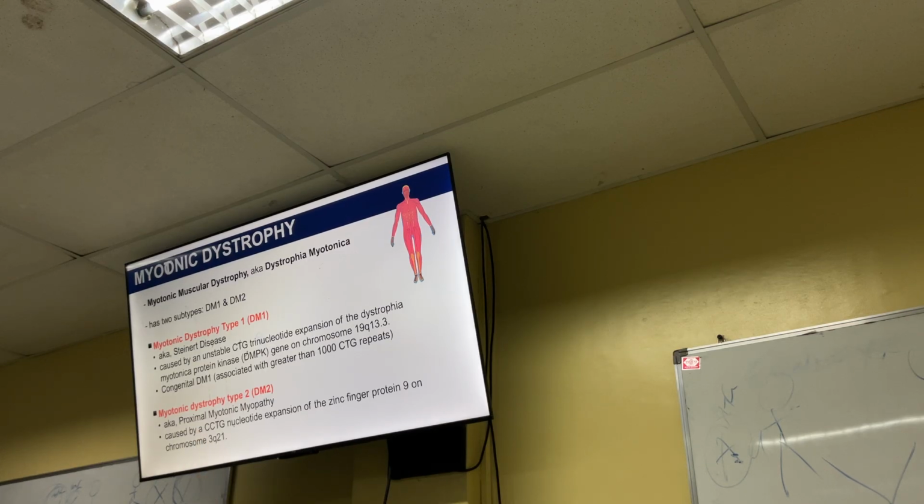So here guys, I want to classify the cause of myotonic dystrophy. Here the cause is unstable CTG trinucleotide expansion of the dystrophia myotonica gene on chromosome 19, long arm 13.3. So the problem in myotonic dystrophy type 1 is chromosome 19. The problem in type 2 is chromosome 3. But there is also an expansion of your DNA.